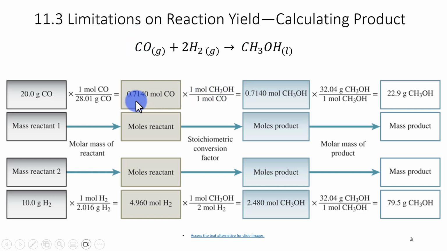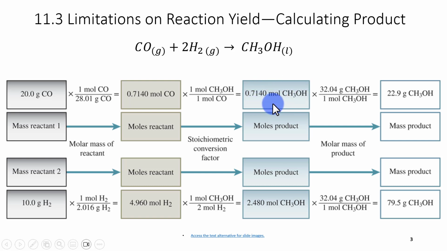I multiply 0.7140 moles of CO by this conversion factor. My moles of CO go at the bottom because I want them to disappear, and moles of CH3OH on top because that's what I want to end up with. Then this becomes an easy 0.7140 times 1 divided by 1, the same amount of moles of methanol.